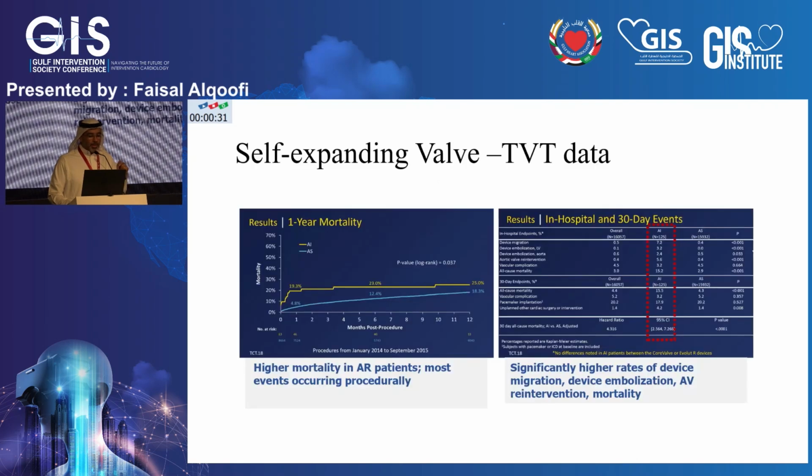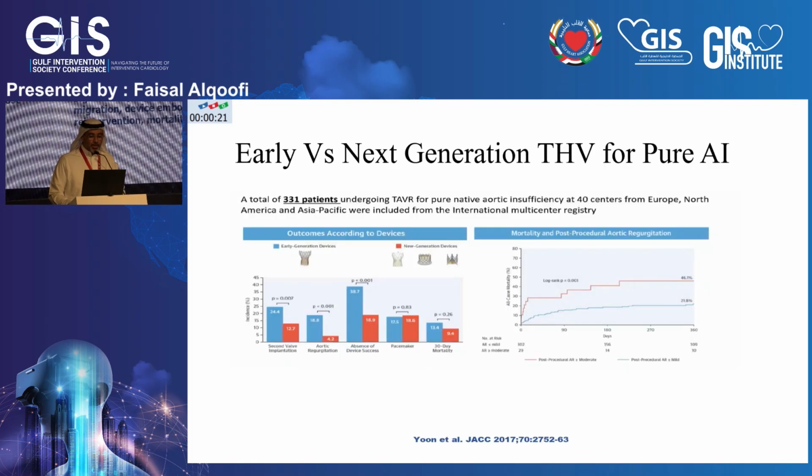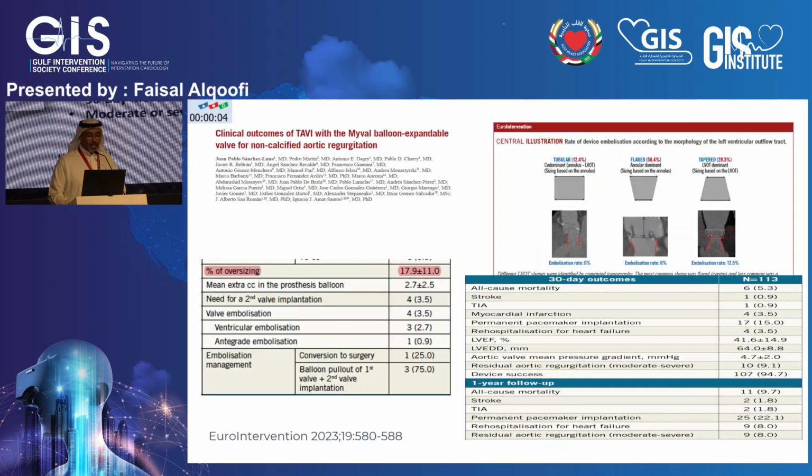Then they compare self-expanding valves in the TVT registry: clearly worse outcome if you do it for pure AI compared to AS, a lot of embolization and higher all-cause mortality. If you compare old generation versus new generation when you do it for pure AI with no calcification, the newer generation with the improvement in the skirt has done a little bit better, but definitely not even close to the outcome we are getting with severe AS.